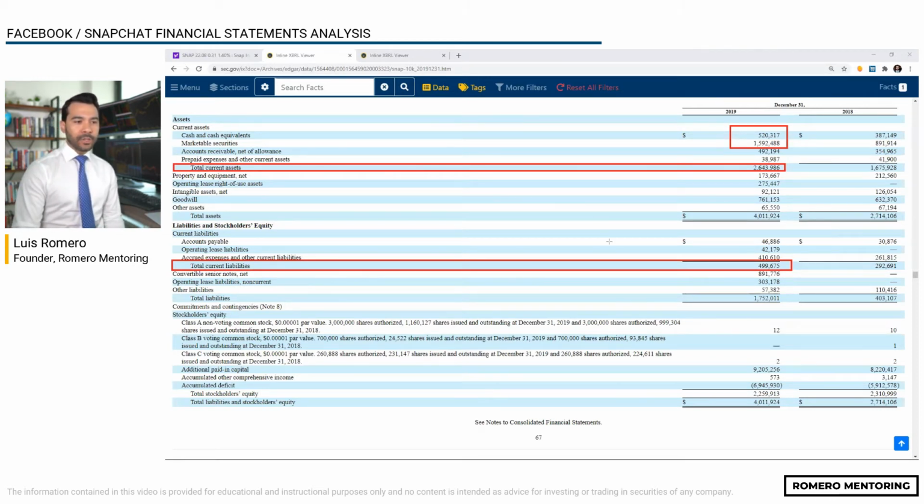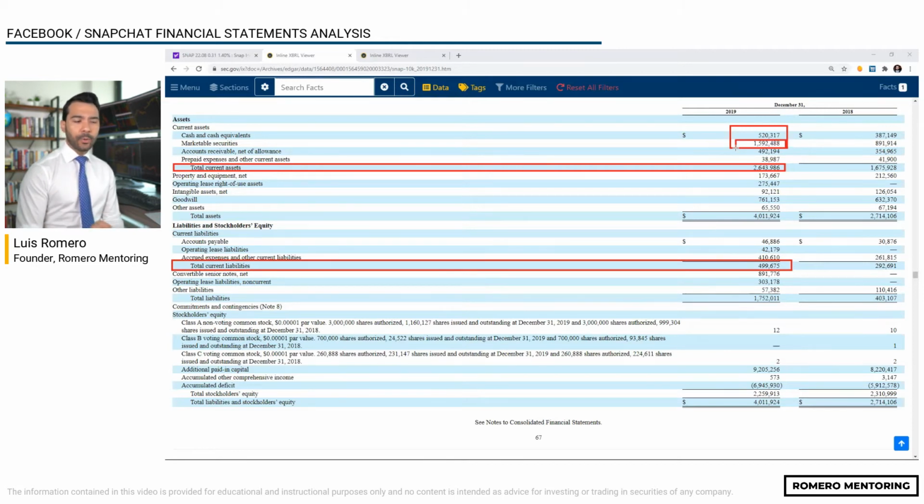They do. So what's concerning to me is why would you have $1.5 billion in marketable securities? Marketable securities are essentially short-term liquid investments. It could be a CD. It could be treasuries, short-term U.S. government bonds that mature in three months or less than a year. That could also be investment in stocks, in other companies' stock.